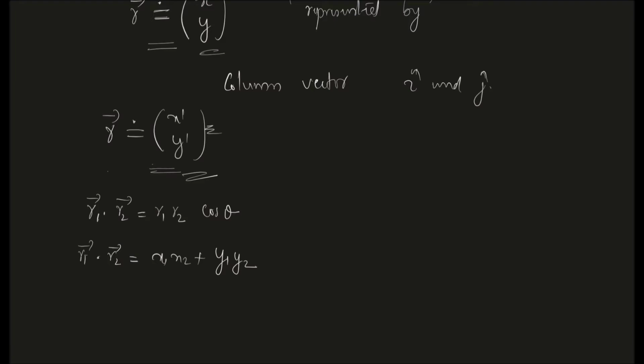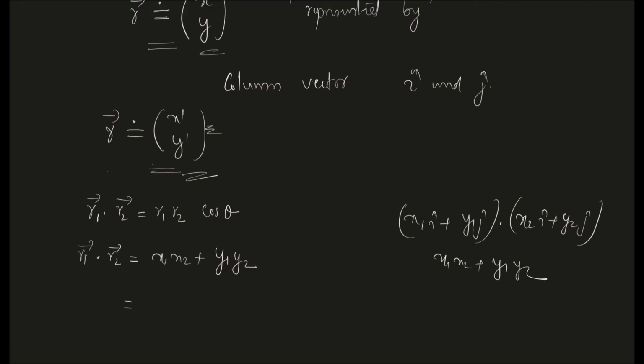Because r1 we had written in the form of x1 i plus y1 j, and r2 was written in terms of the components x2 i plus y2 j. Now when you take the dot product, this will give you x1 x2 plus y1 y2.